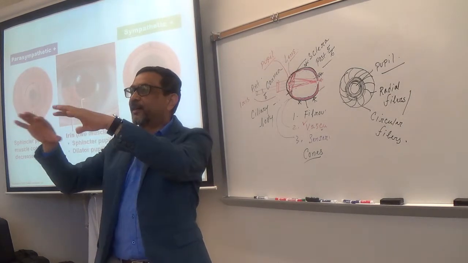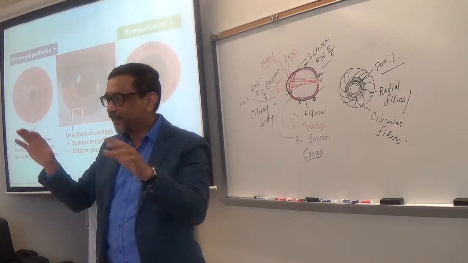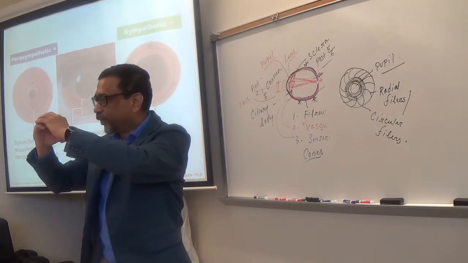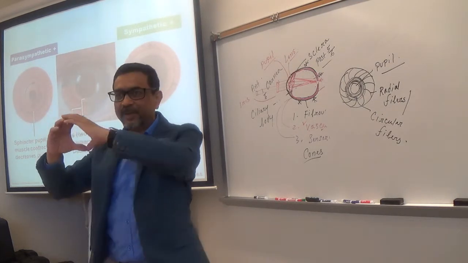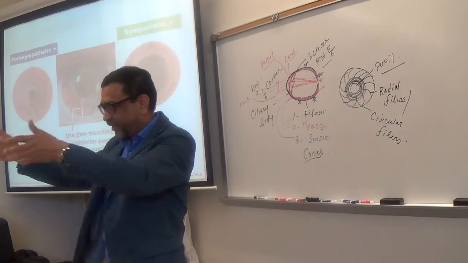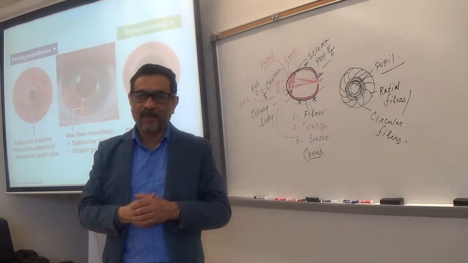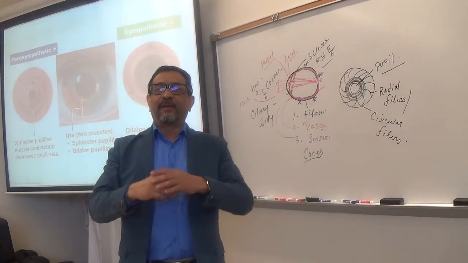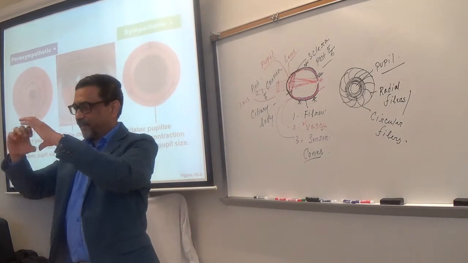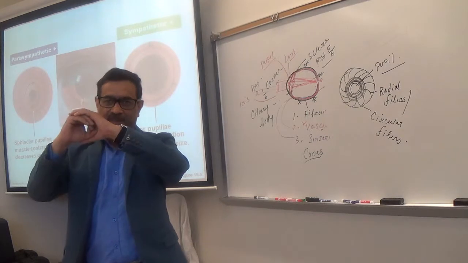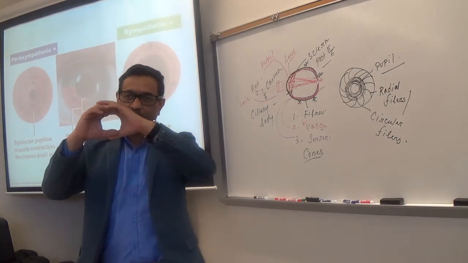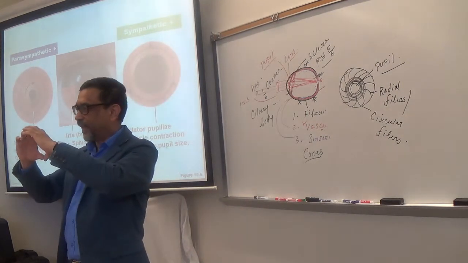And at night, when you are looking for something in a small amount of light, the pupil should get big. It will try to take as much light as it can, so you can see better. So in bright light conditions, the pupil constricts, and in small light conditions, the pupil dilates.